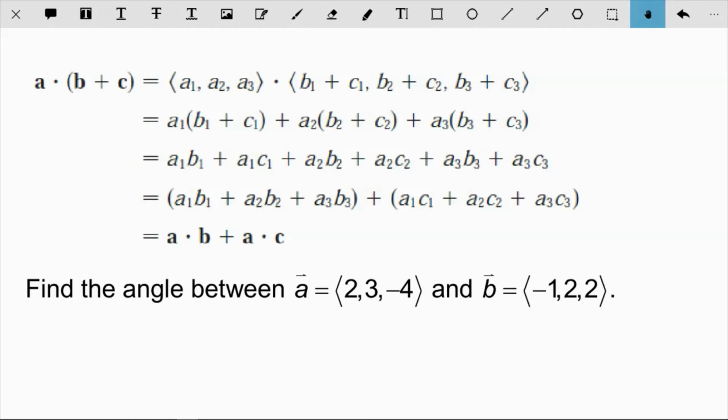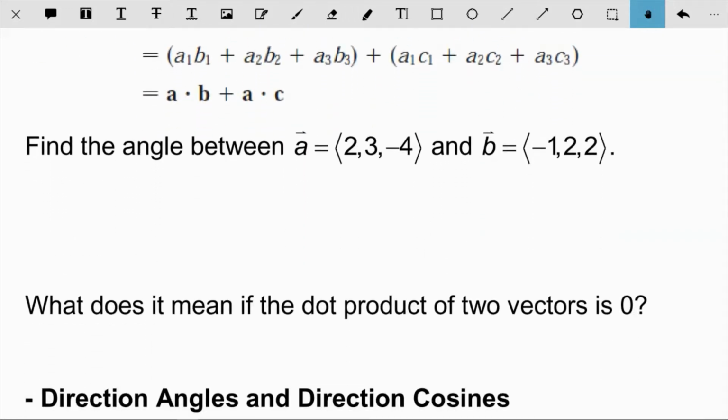So A1, A2, A3, B1, B2, B3, C1, C2, C3, and so on. And then you perform the operation that's described by the property and show that the two sides of the property are indeed equal.